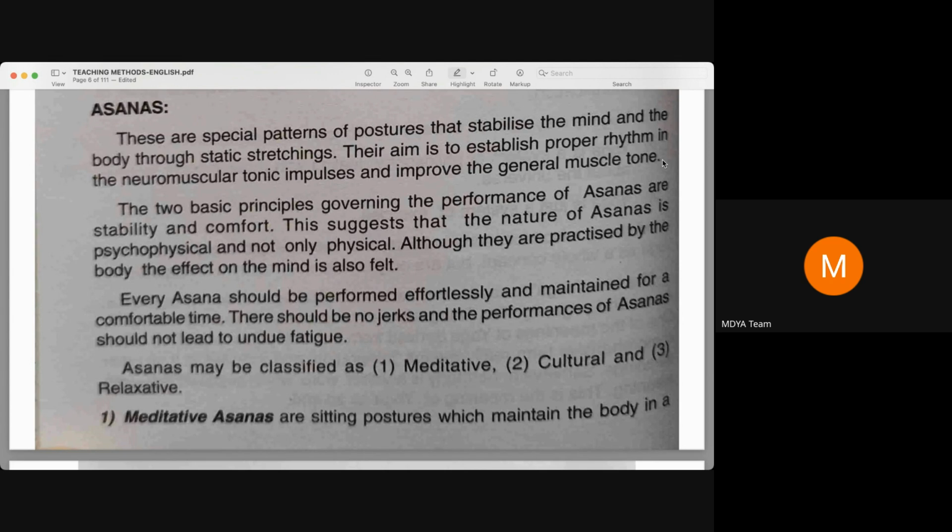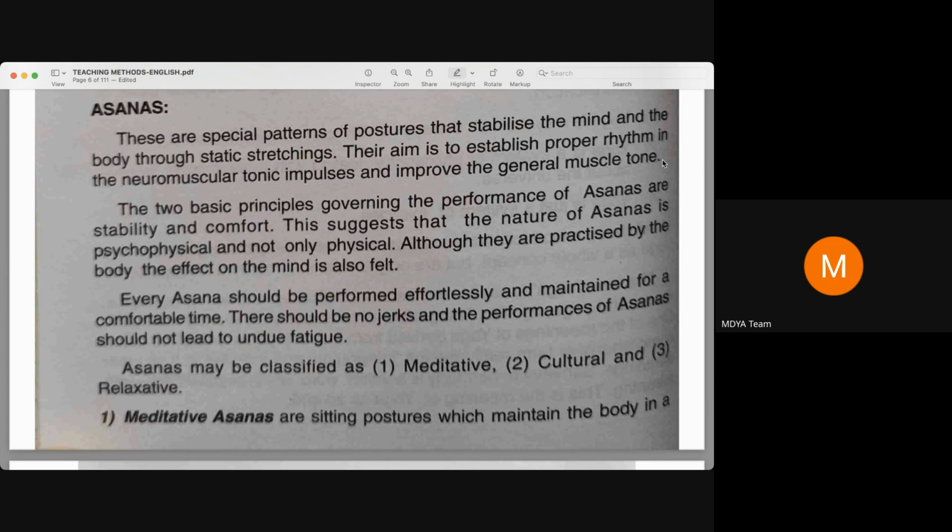Every asana should be performed effortlessly and maintained for a comfortable time. There should be no jerks, and the performance of the asana should not lead to fatigue. That is also an important aspect of doing yoga practices.